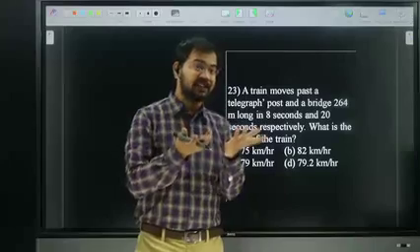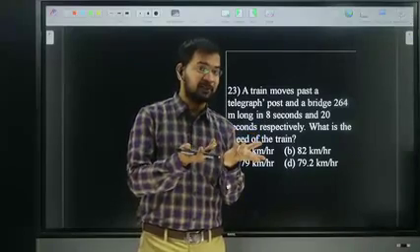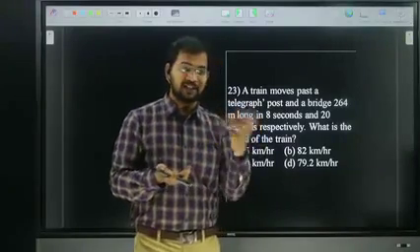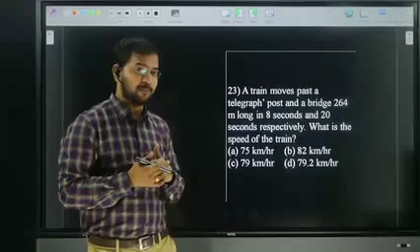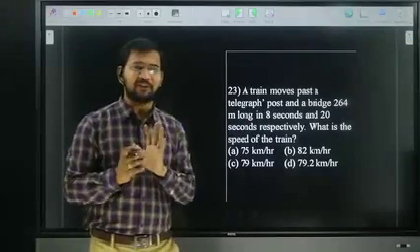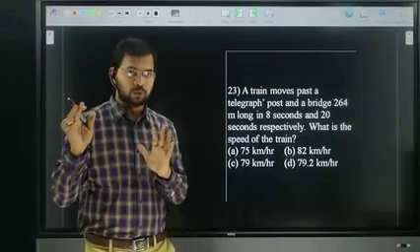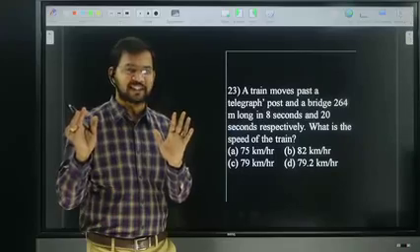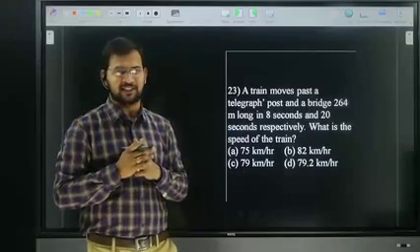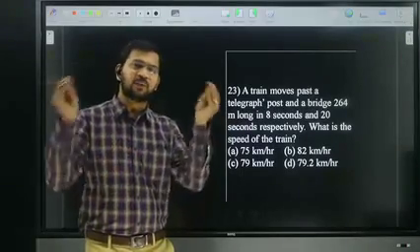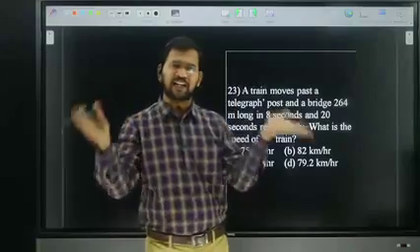In both cases the length of the train and the speed of the train are the same. What is the difference? Due to 264 meters extra, it takes 12 seconds extra. So in 12 seconds the train travels 264 meters.